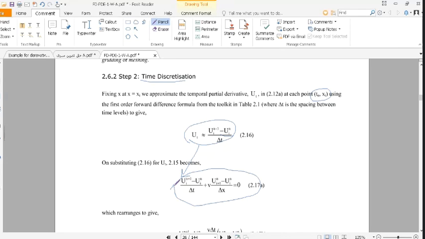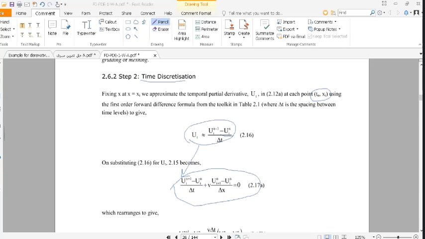How many times? Which index indicates the time? Which index indicates the time? Which one, i or n?